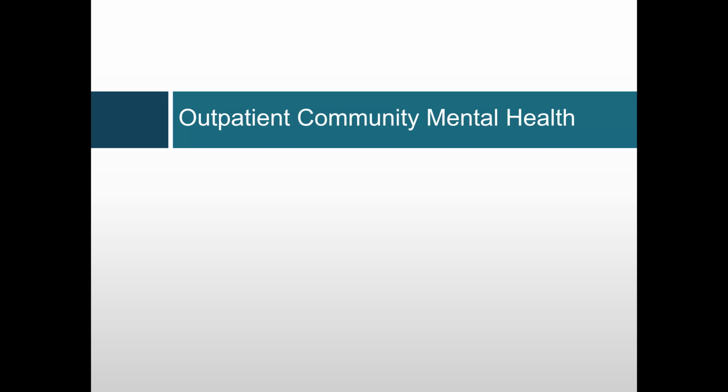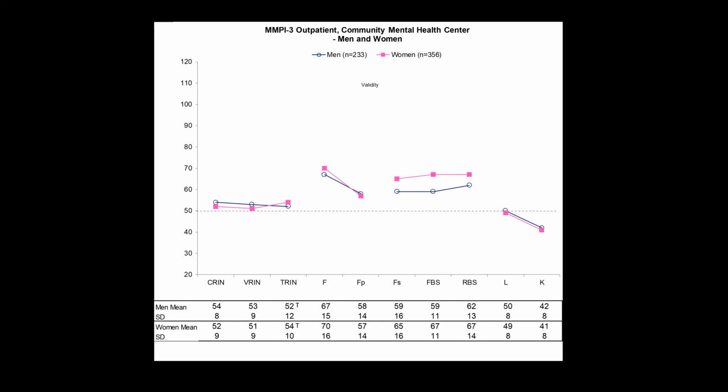We'll take a look now at our two outpatient community mental health samples, the men and women. As you can see, we have data for 233 men and 356 women. All completed the MMPI-3 as part of the intake process for treatment at an outpatient community mental health setting.